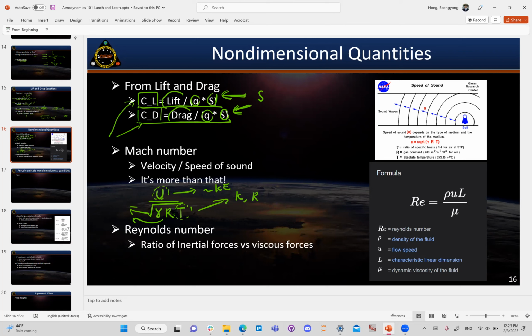I was taking a hypersonics course last semester, and the professor said you can even think of Mach number as the ratio between the kinetic energy of the air versus the thermal energy that the flow has. So it's more than just the simple ratio of velocity divided by the speed of sound.